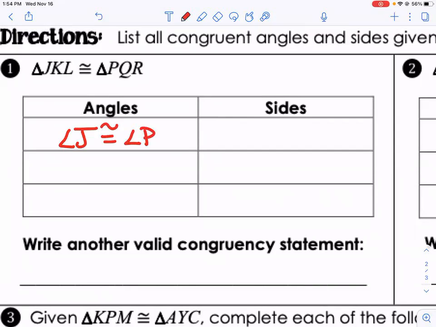Rhett, how does she know it's angle P? Because it's the first one and the first one. Yeah, they correspond. They're in the same place in our picture. Angle K is congruent to angle what, Jonah? And angle L is congruent to angle what, Ben?